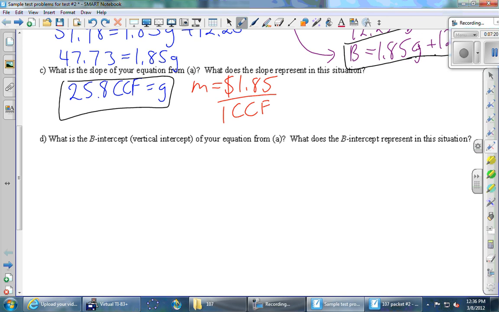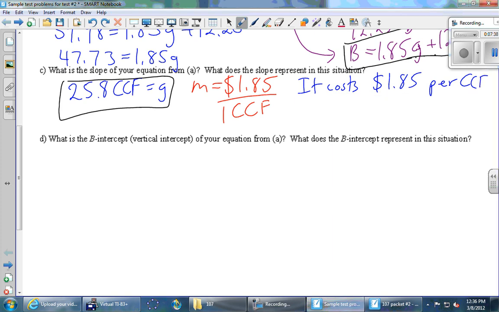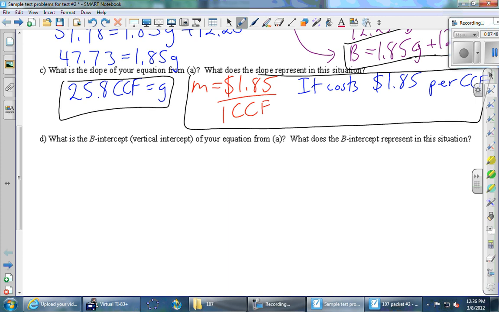It costs $1.85 per 1 CCF. So we'll go ahead and box all that. That's our answer for part C.